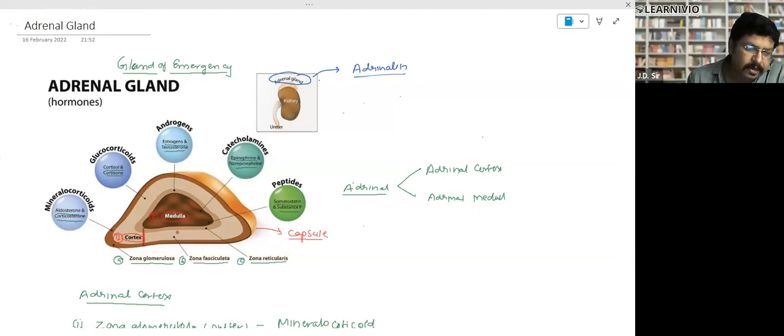Further, the adrenal cortex is divided into three parts: zona glomerulosa, outermost; zona fasciculata, middle one; and zona reticularis, inner one. Right.